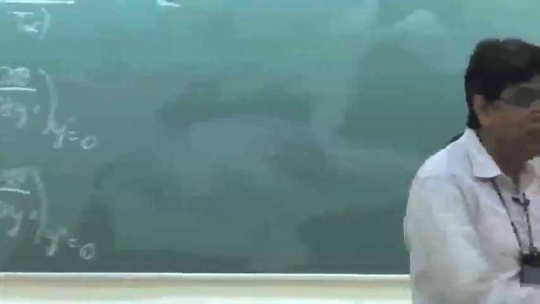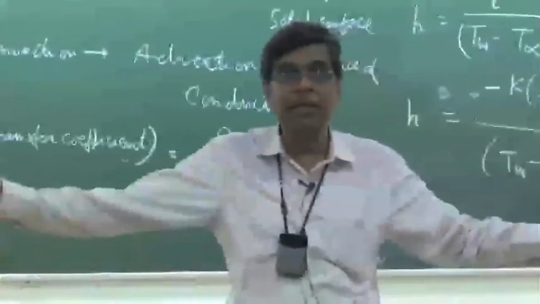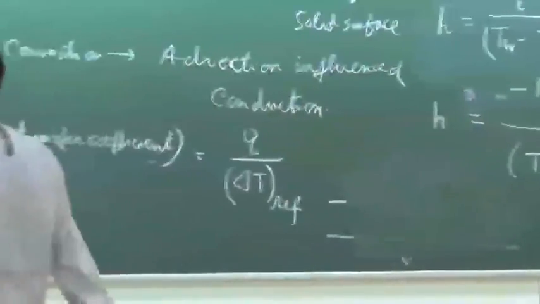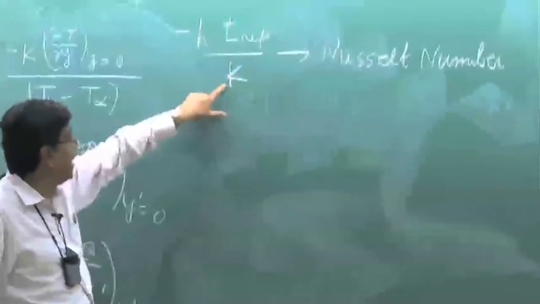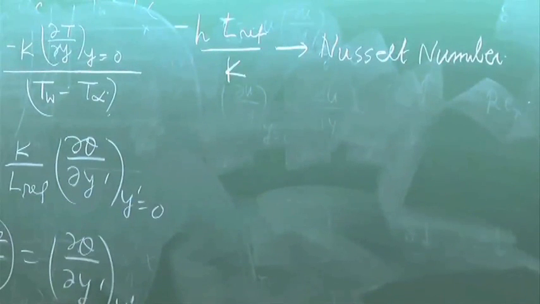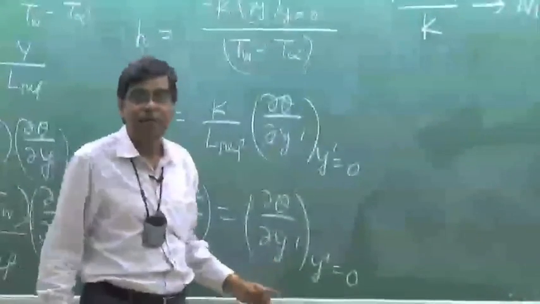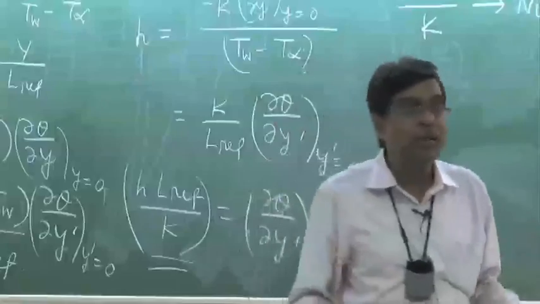For external flow, it is the current coordinate or the length of the plate for a flat plate. That means it is a characteristic reference dimension. So based on a reference geometrical dimension, L reference divided by K, and h has a local character, so Nusselt number also has a local character, and this Nusselt number is nothing but the non-dimensional temperature gradient. That means if we can find out the non-dimensional temperature gradient, we can find out the Nusselt number.